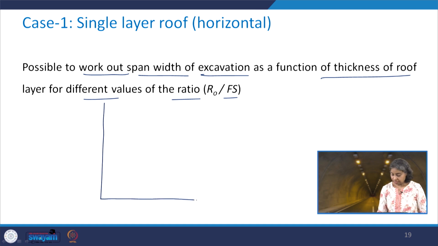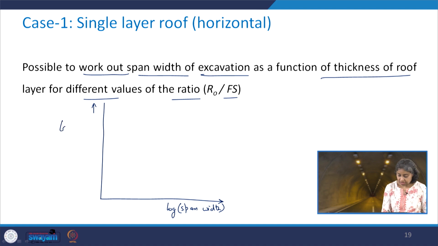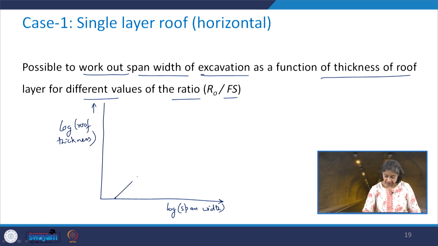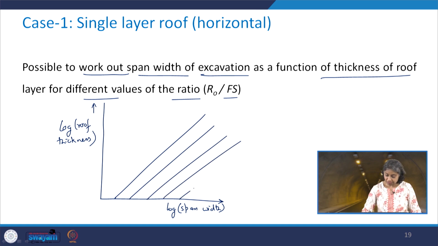We take the log of span width on the x axis, and on the y axis we take the log of roof thickness. And then we get this kind of set of lines.